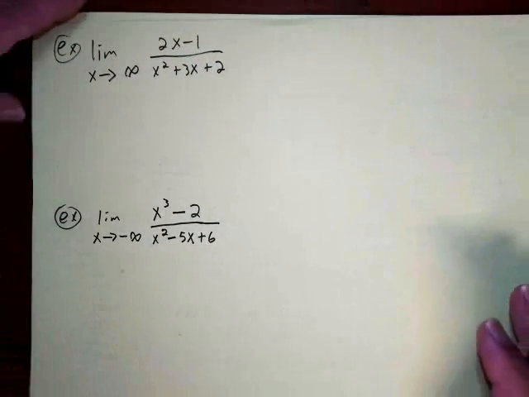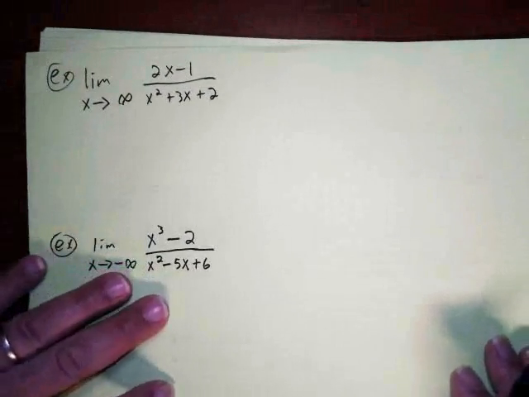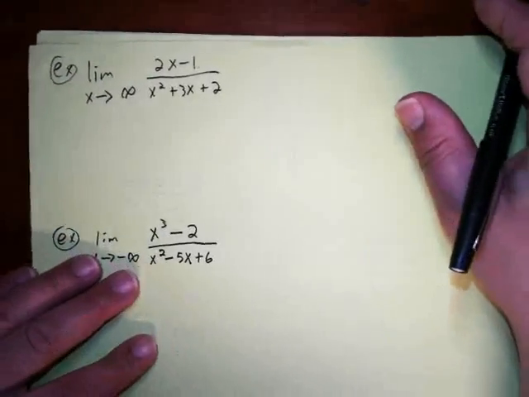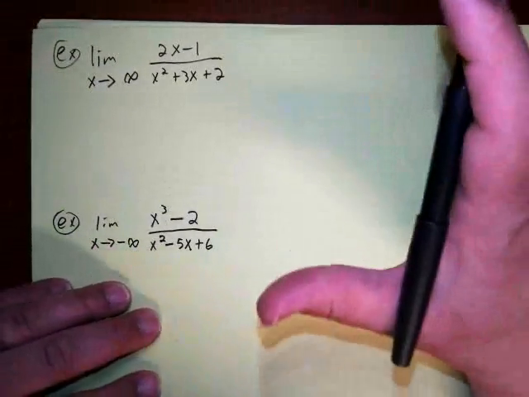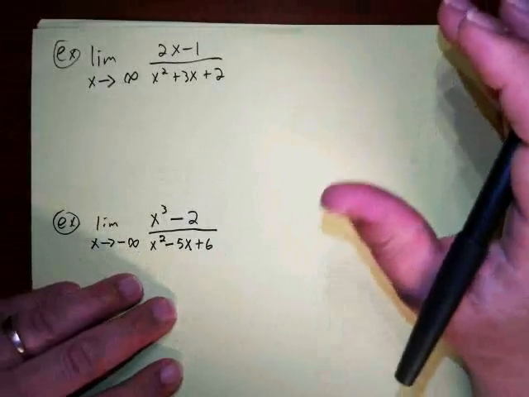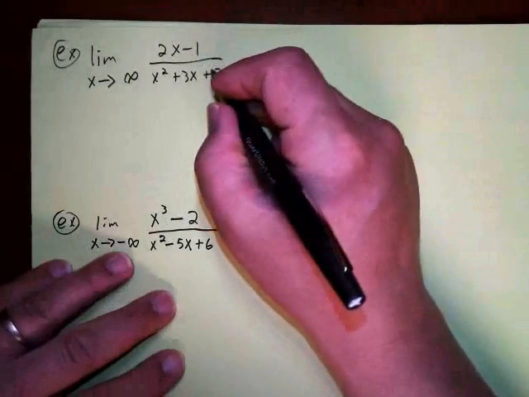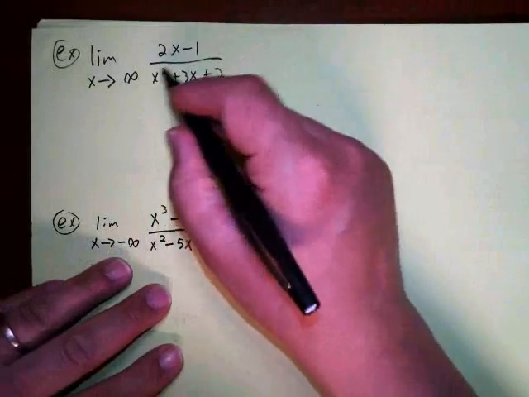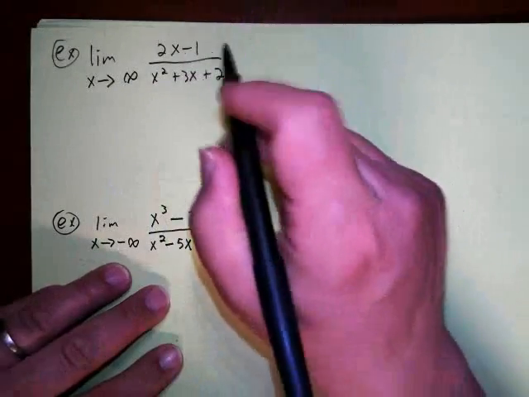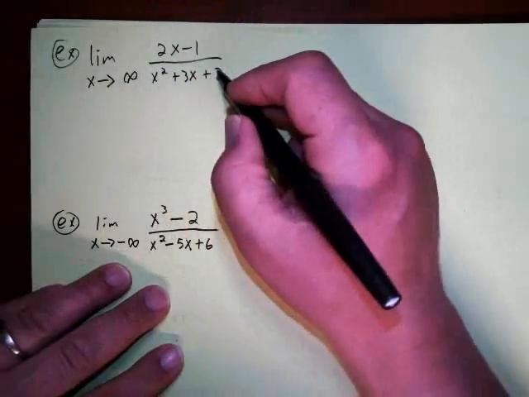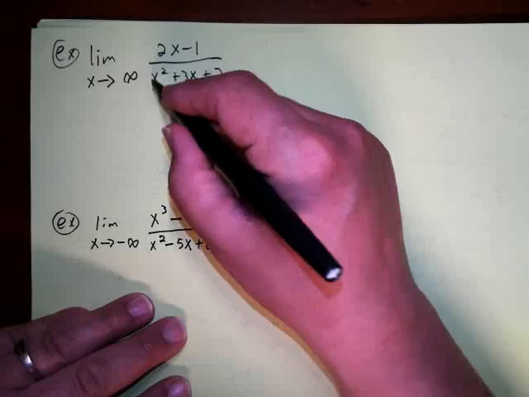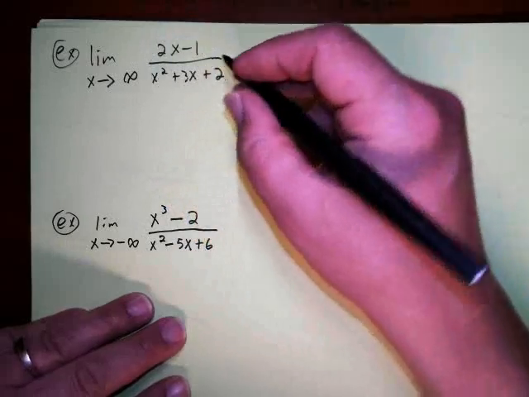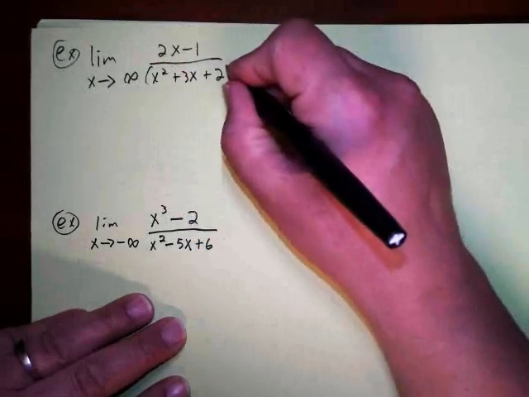So let's look at a couple more here. Let's use that same technique, where I'm going to divide the numerator and denominator by the highest degree of the denominator. So the highest degree in the denominator is x squared.